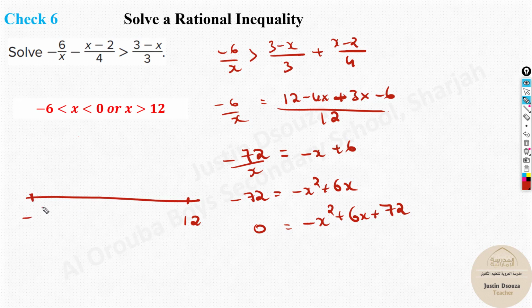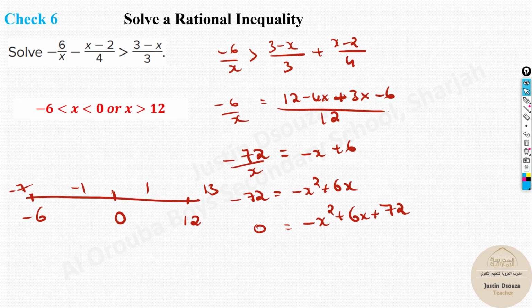So 12 is somewhere over here, minus 6 is somewhere over here. And don't forget the excluded values. That was step 1. Excluded value over here, there's only x, so it is 0 somewhere over here. Okay, 0. So now you need to choose test values. I will choose test values of 1 and minus 1 because it's very easy. And then it is 13 and minus 7 here. So I've got 5 test values, 4, sorry, my bad.